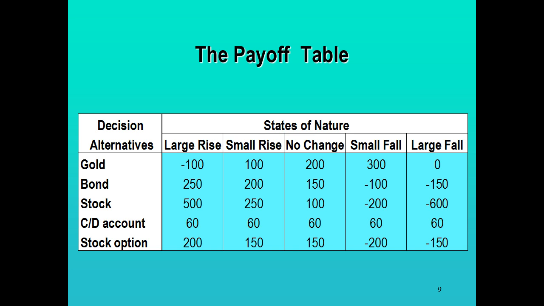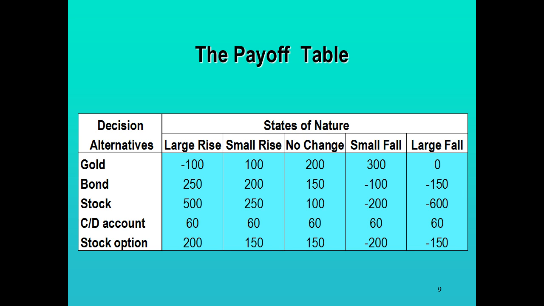I'll pick on Lou. Lou, if you were Tom Brown and you presented this payoff table and these states of nature, what decision would you make? Stock large rise. Okay, you're going to go stock. Well, yeah, you stock large rise, but you don't know these, right? This is unknown. This is future states of nature.